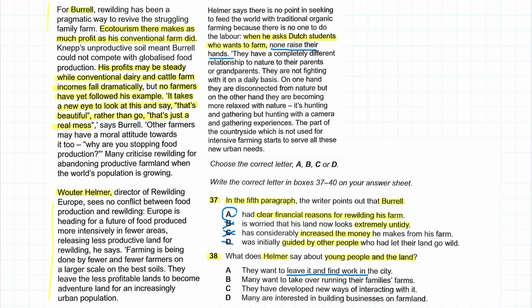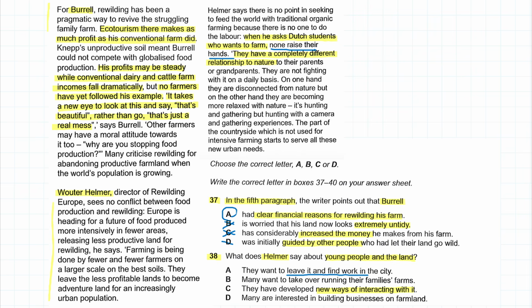What about B? Many want to take over running their family farms. Well, we haven't read that. Let's continue. They have developed new ways of interacting with it. Indeed, new ways of interacting with it. We've read that. They have a completely different relationship to nature, to their parents and grandparents.